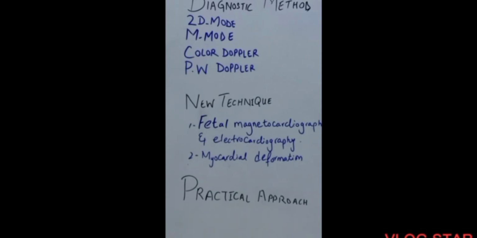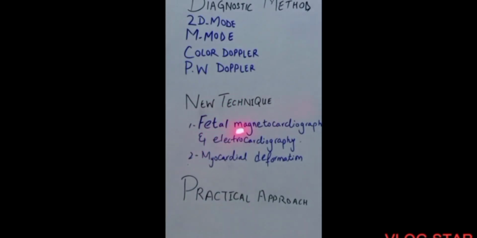We can also have Doppler through the PFO and the hepatic veins in order to assess the atrial activity. So the atrial and ventricular coordination can be seen by all these diagnostic methods which I explained here.